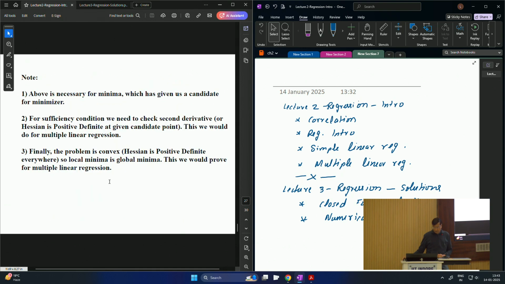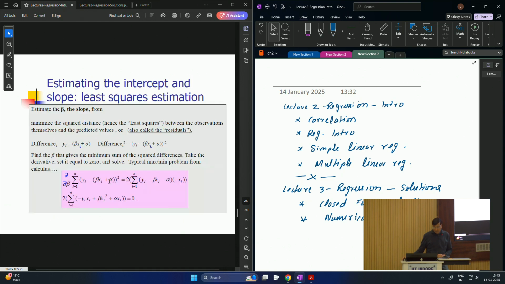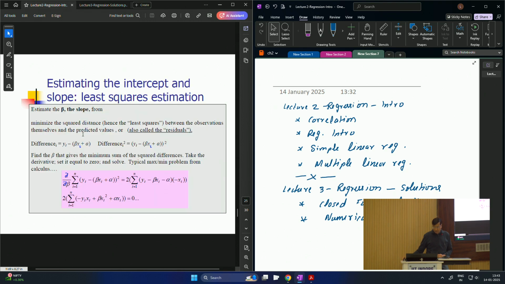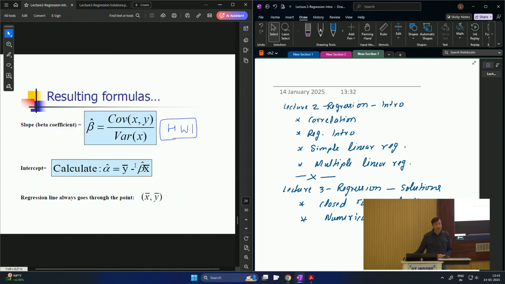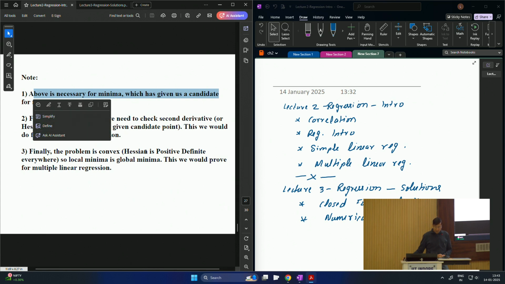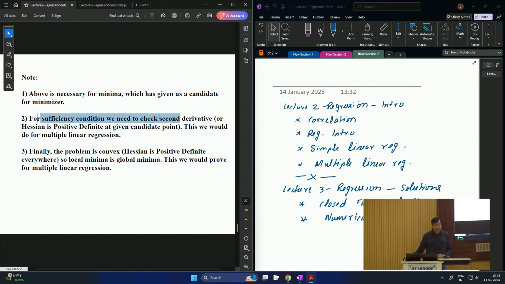And this is what I was just reminding you. So I've written a note here that alpha and beta, which you get by making the gradient equal to 0, partial with respect to beta equal to 0, partial with respect to alpha equal to 0, will give you a candidate for the minimizer. This is what is written here, the first point. Then you have to check the second derivative.